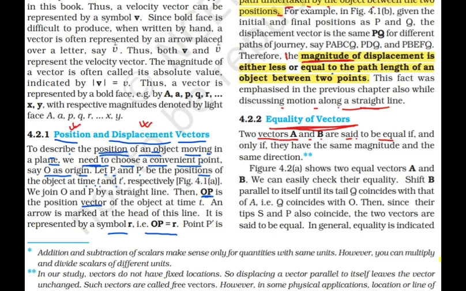Two vectors A and B are said to be equal if and only if they have the same magnitude and the same direction.